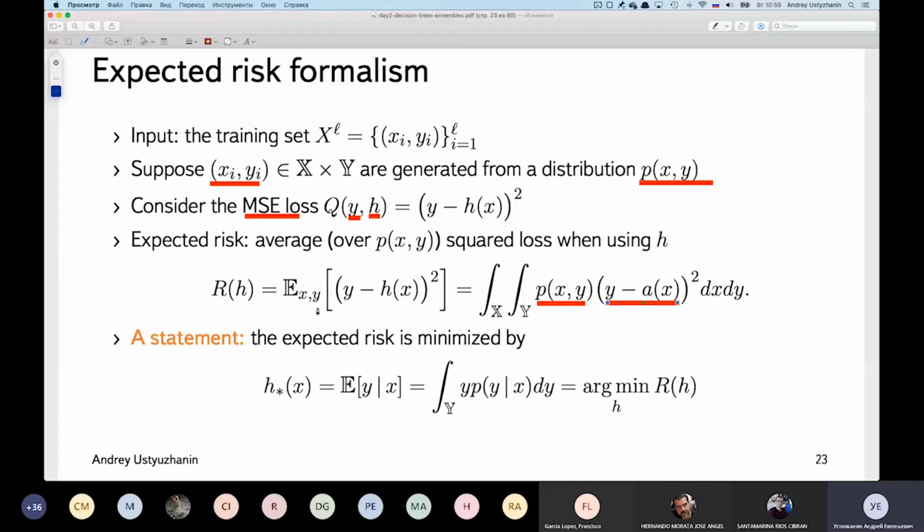Of course, we don't have reality at our disposal. We have just a subsample from this distribution. And so we can make a statement that expected risk is minimized by the following expression.